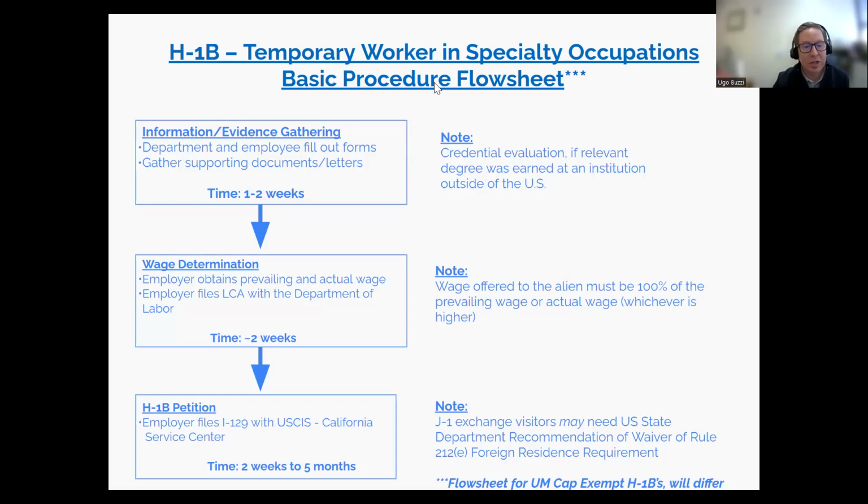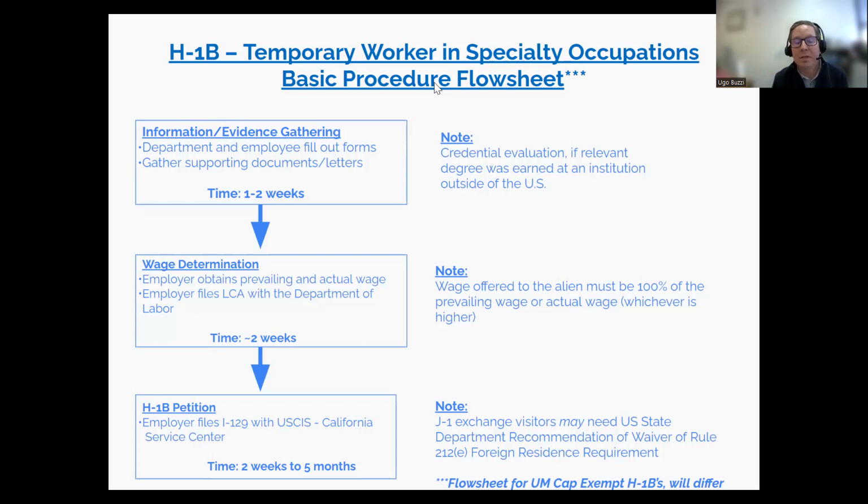I see a question in the chat that asked, if I work in the UM lab, will my H-1B be for the nonprofit organization? So this is a common misconception. Nonprofit organizations are not cap exempt. Only institutions of higher education and governmental research organizations are cap exempt.